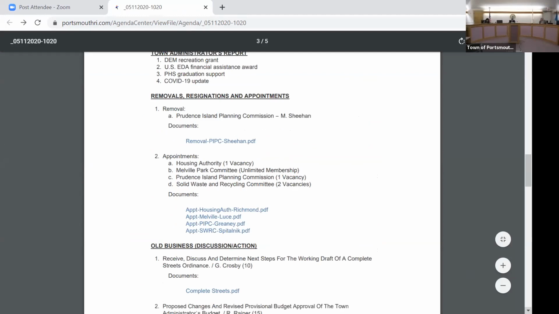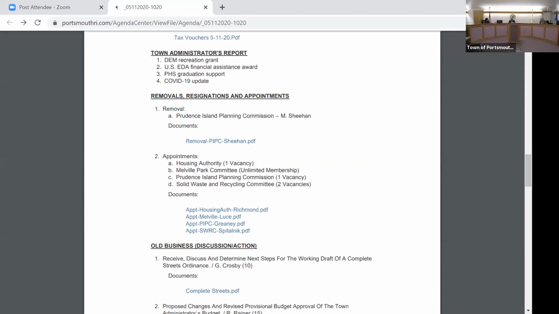Next, we have the town administrator's report. Good evening, Mr. President, Town Council, and people listening in. The Rhode Island DEM has announced the municipalities to be awarded recreation grants. Portsmouth's application for a grant to replace the Mount Pope seawall was granted $54,000.